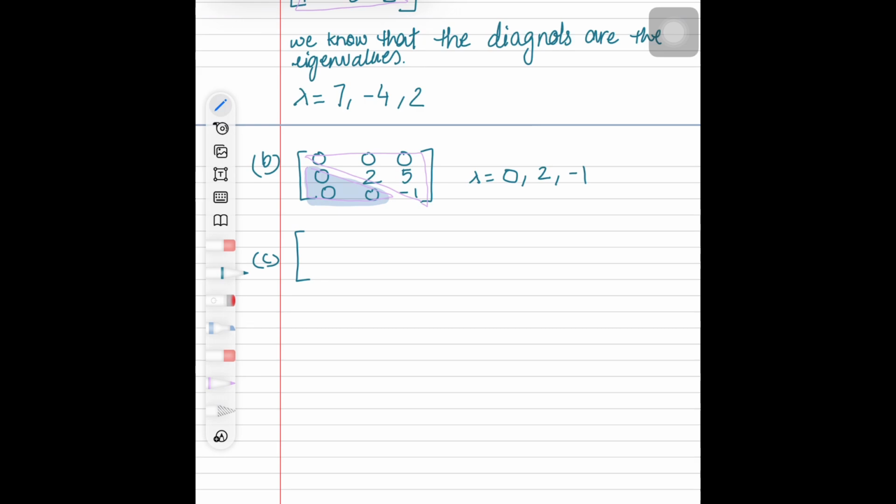So what if you have the matrix as follows, and you're told to find the eigenvalues without calculation.